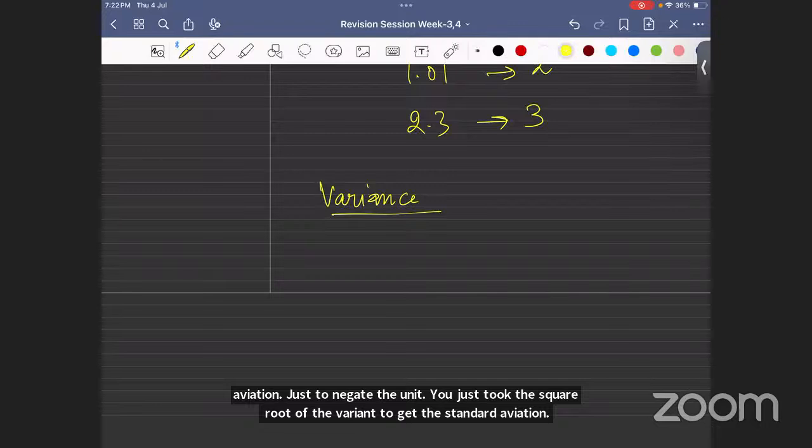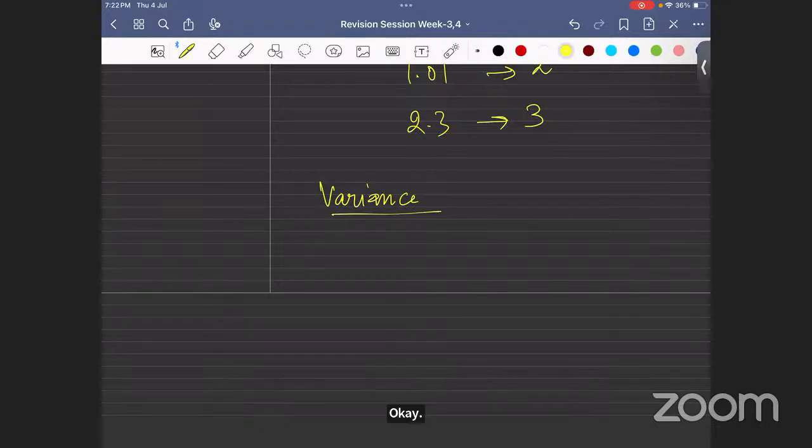So we have to divide it by n minus 1, no? You were asking about the difference between variance and standard deviation, right? No, sample variance and sample standard deviation. In both cases, you have to divide by n minus 1 only.